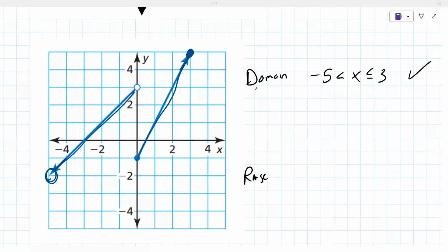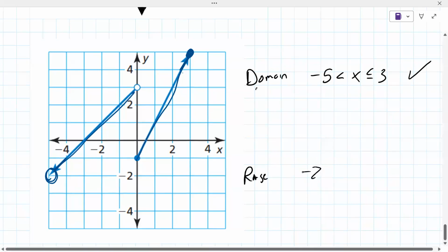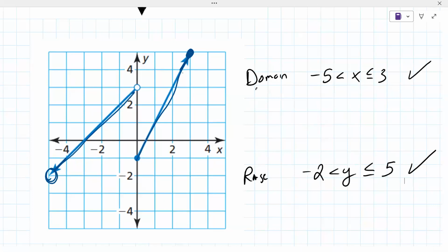Oh, wait, no, it's not -1. Whoops. It is -2. -2 is less than y, which is less than or equal to 5. That is also correct. Good.